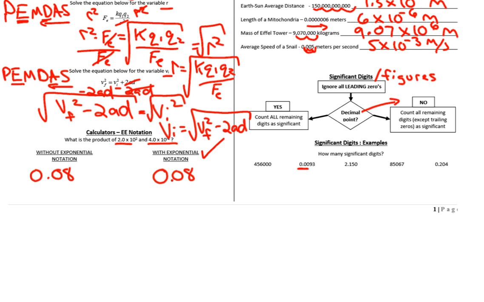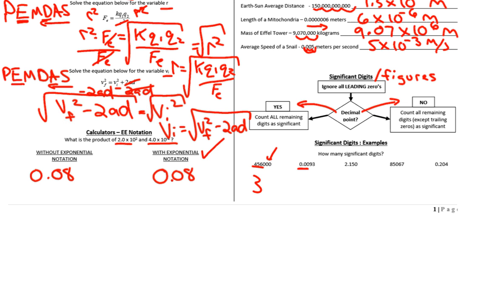If there is a decimal place, and the decimal place can be anywhere in the number, then count all remaining digits. So, is there a decimal present in this first example? No. So all I do is count all remaining digits except these zeros. These are considered trailing. They fall after the non-zero digit. So this would just be 3 significant figures.